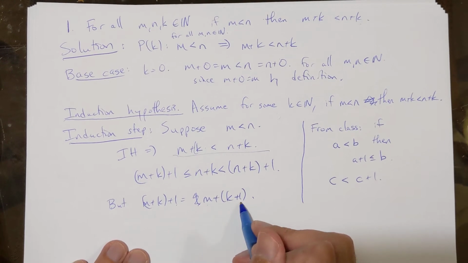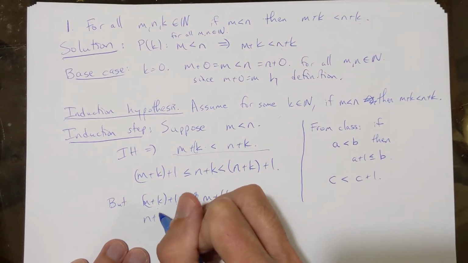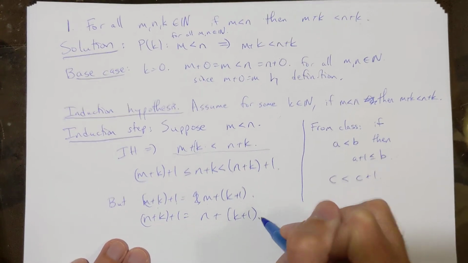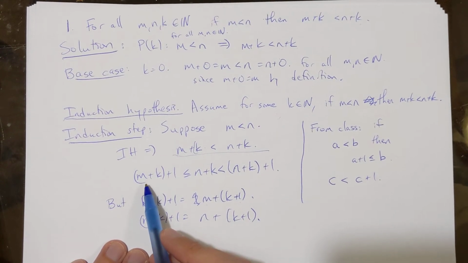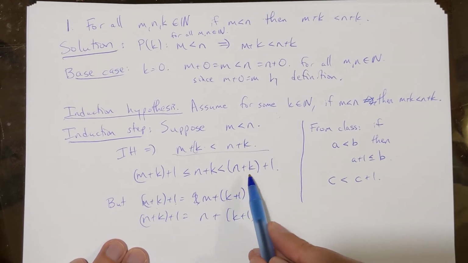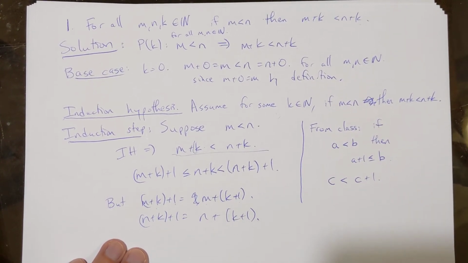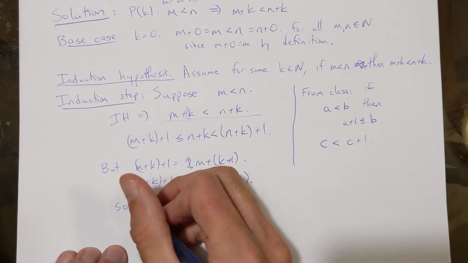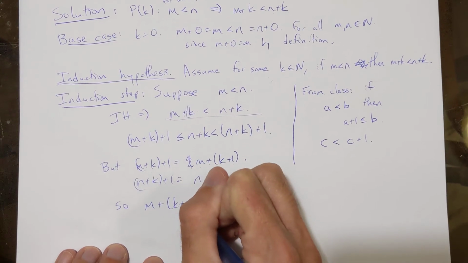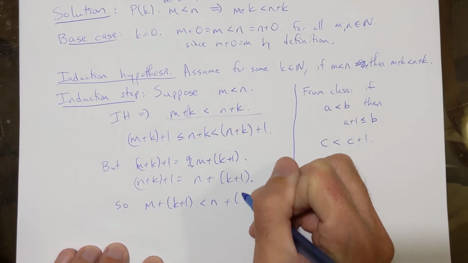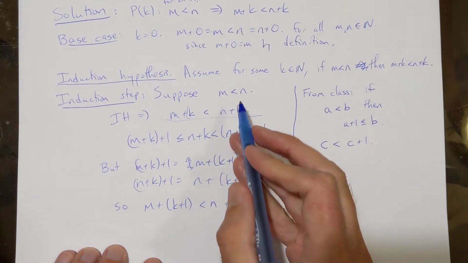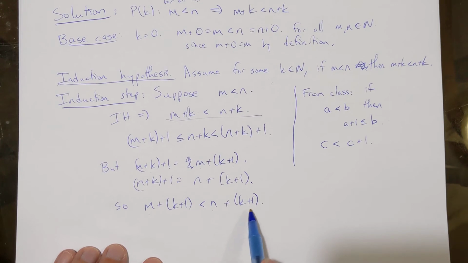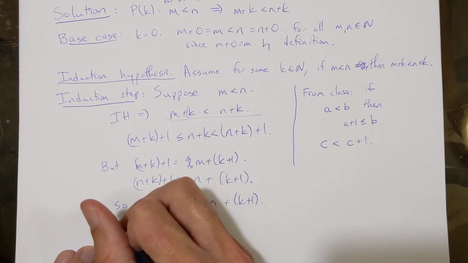In other words, we've shown that m plus k plus 1 is less than n plus k plus 1, which is the induction step. So we've shown that if m is less than n, then m plus k plus 1 is less than n plus k plus 1, which is P of k plus 1.